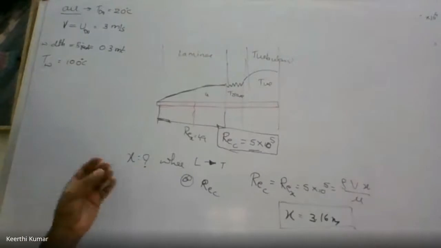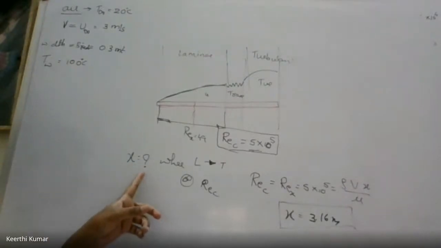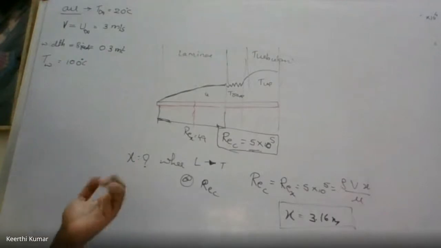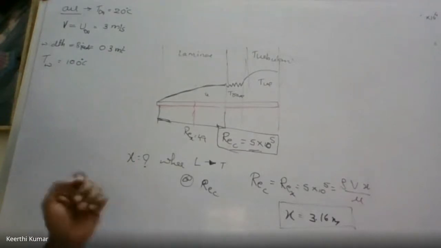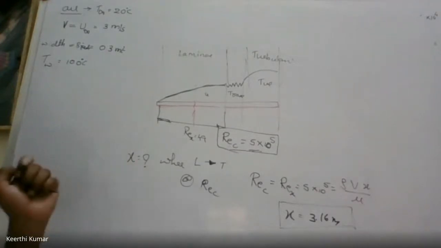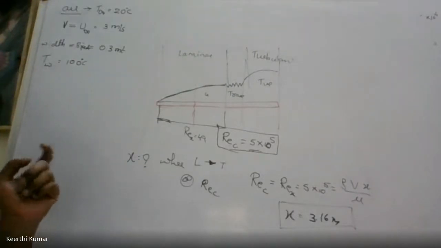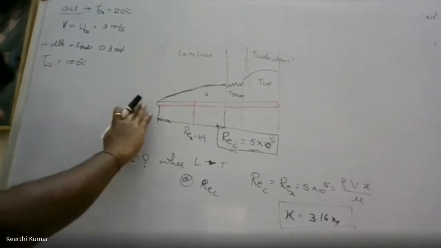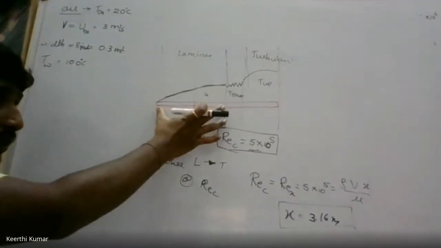Yes, sir. Okay. See, this is a very, very critical point which you should understand well. In the last problem, what was given? He has given the length, and at the trailing edge, at the end of the length also, we got still laminar flow. What is the reason? Even if x is equal to L, we got laminar flow there. That means for the given set of properties, the length of the plate was not big enough.